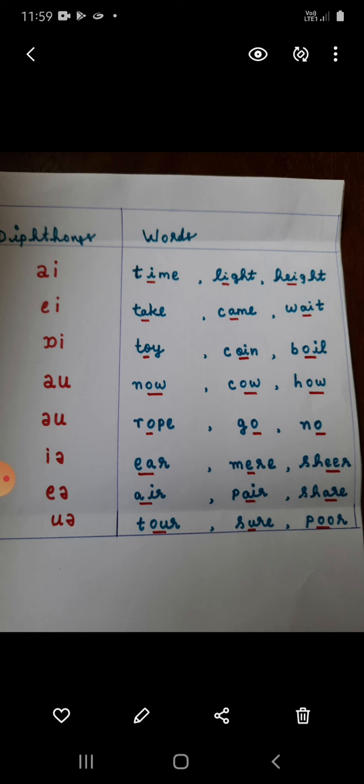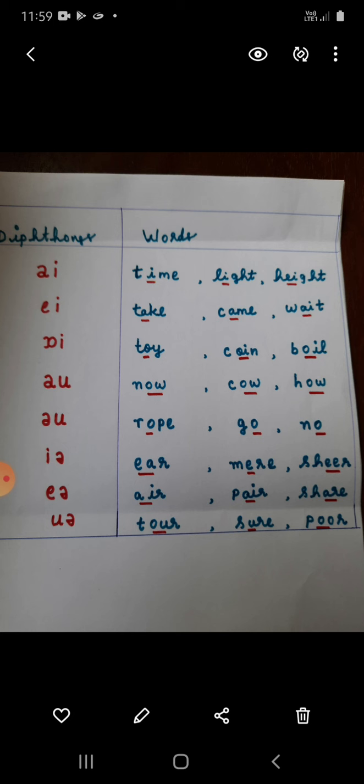If you are finding a little leisure time, you can find out more examples for that. Take, came, wait, then day, D-A-Y, also pronounced as D plus A plus E, day. Understood?